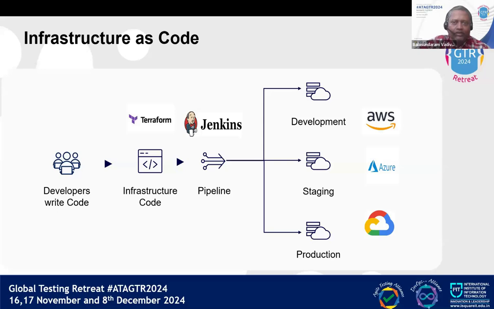But using cloud, we deploy and manage the virtual resources on demand. The cloud ecosystem includes virtual machines, databases, containers, serverless functions, etc. And this supports scalable and cost-effective solutions. So IAC plays an important role in cloud with respect to infrastructure provisioning.